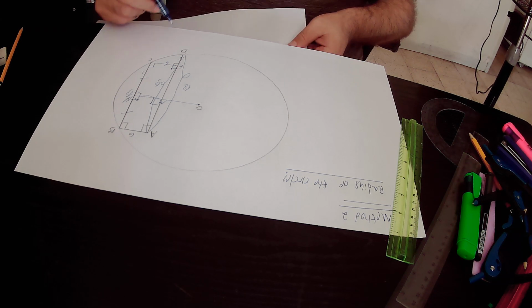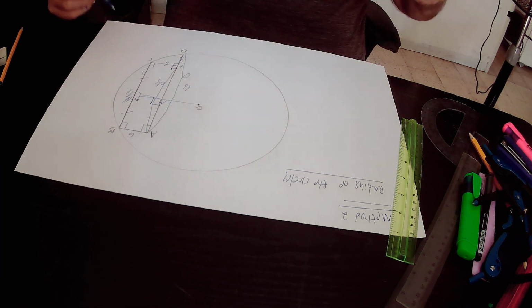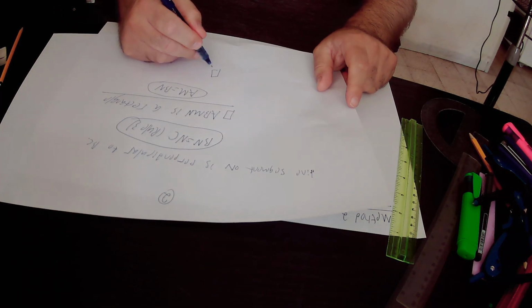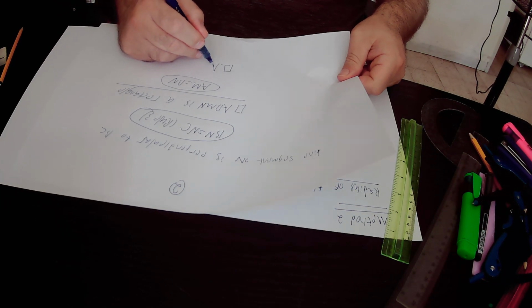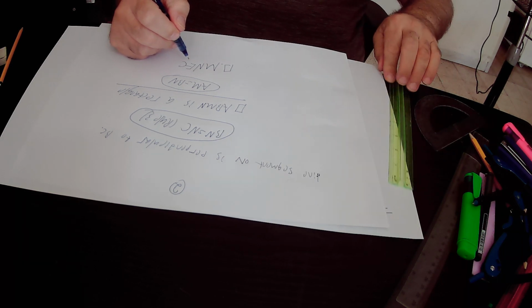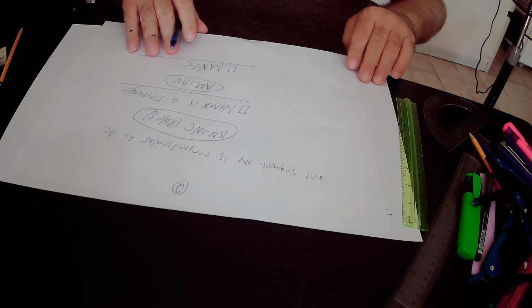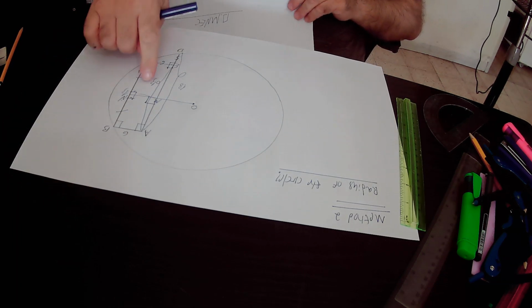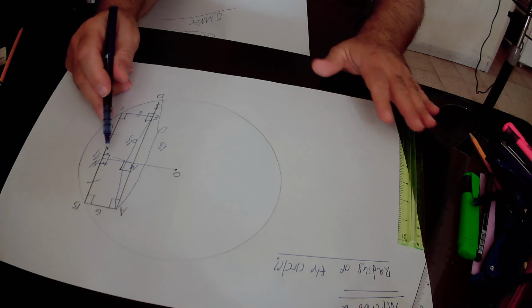Likewise, we'll focus on quadrilateral MNEC. In this quadrilateral, we have 1, 2, 3 right angles.